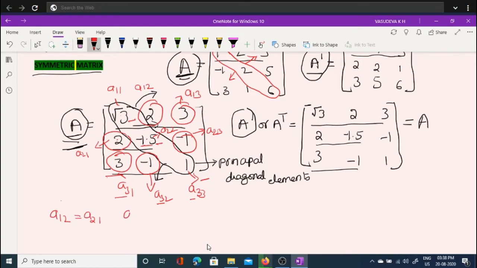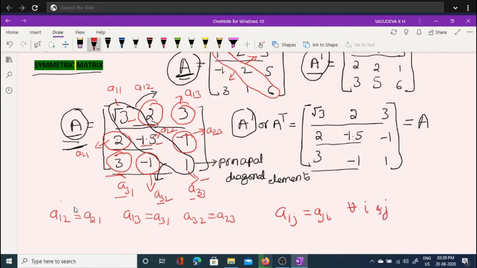The element A13 is same as element A31 and element A32 is same as element A23, and this element A11 is equal to A11. So what we conclude from this? That means in the symmetric matrix Aij is equal to Aji for all i and j.